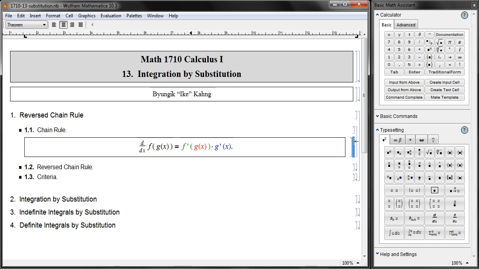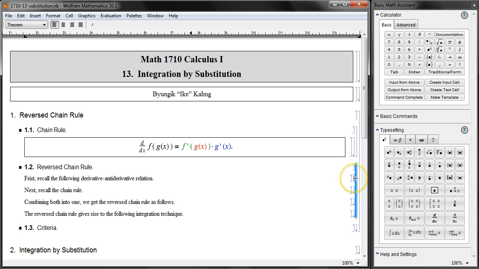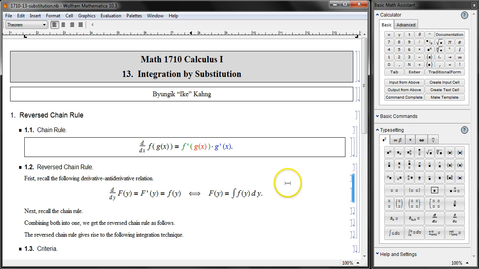Now let's look at the chain rule from the opposite perspective. In terms of antidifferentiation, we can rewrite the chain rule like this. But first, let's begin with the derivative-antiderivative relation. Instead of starting from f and taking the derivative f prime, we start from capital F, take the derivative, and go to small f.